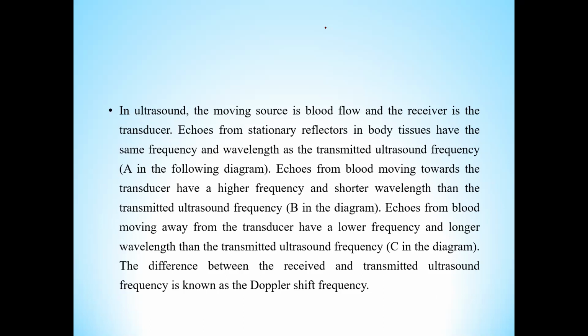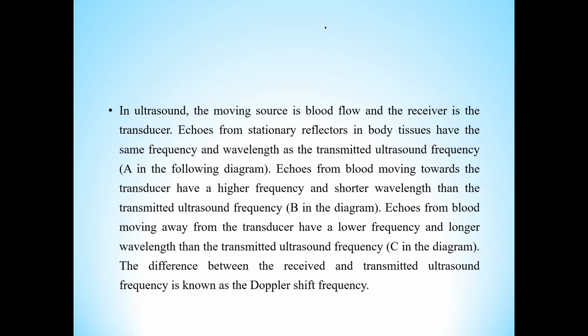And the receiver is the transducer. Initially, the transducer is the source, and whenever the sound waves are reflected from the blood, then the blood becomes the source, and now the transducer is the receiver.